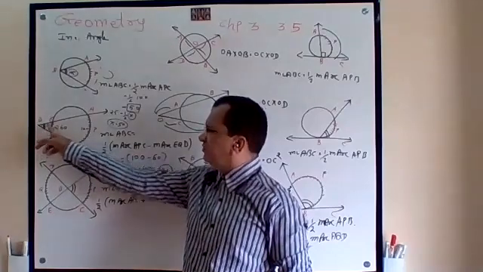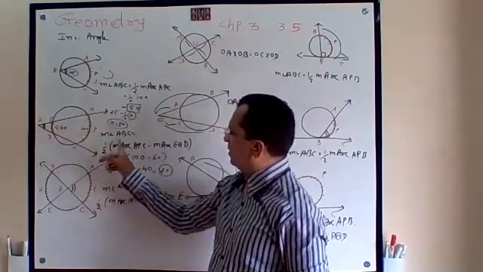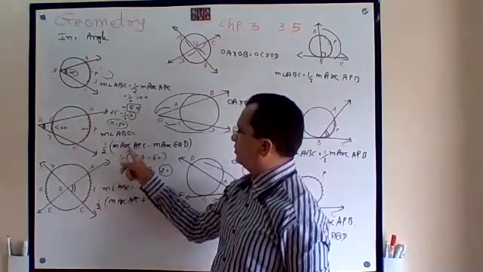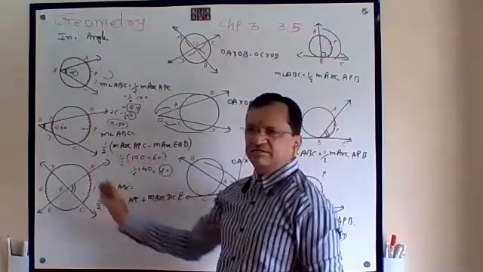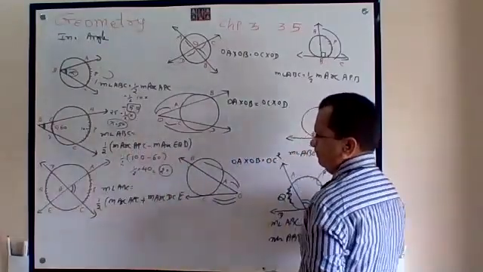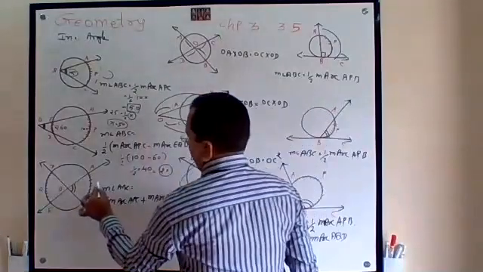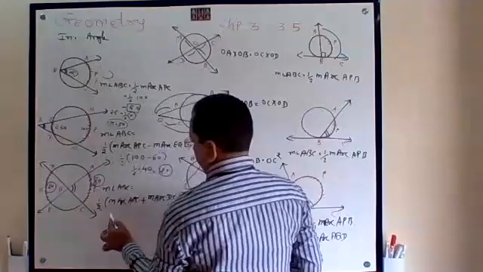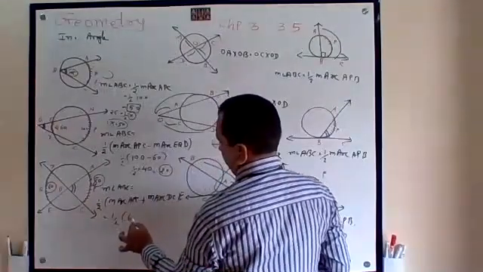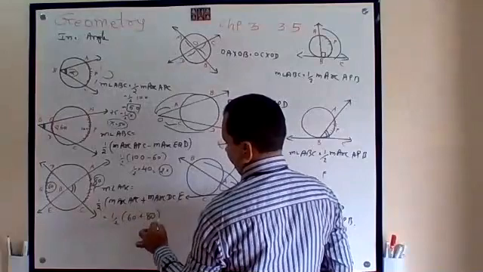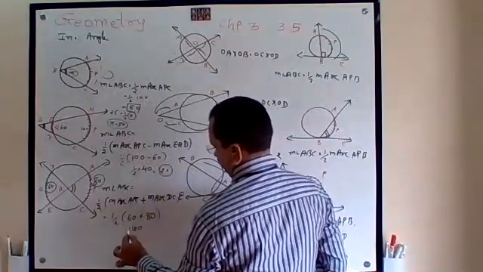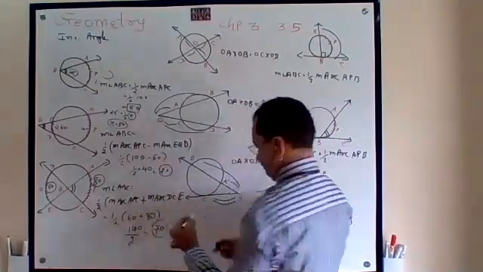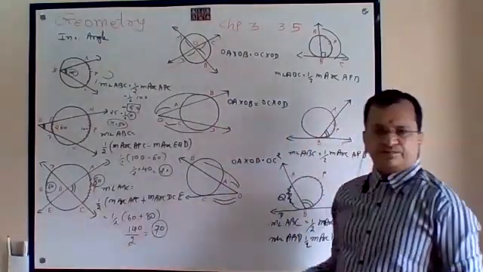Suppose this is given, this is not given, and this is given 20 with arc 60. So 20 is equal to half of 100 minus x, then cross multiply. Here suppose it is given 80 and 60. So as per the formula, half of 60 plus 80.